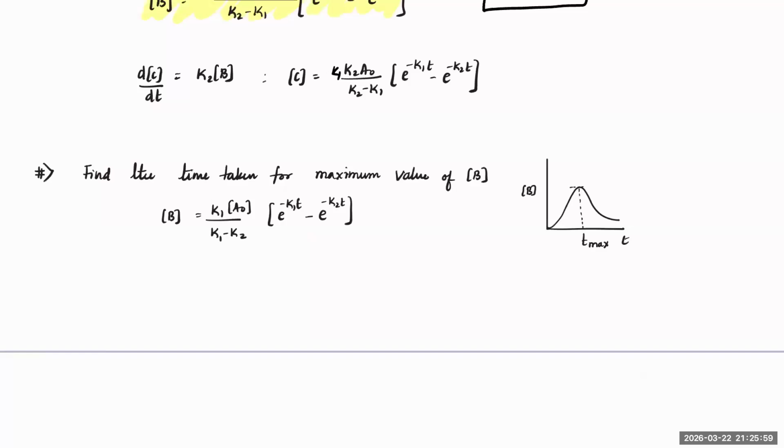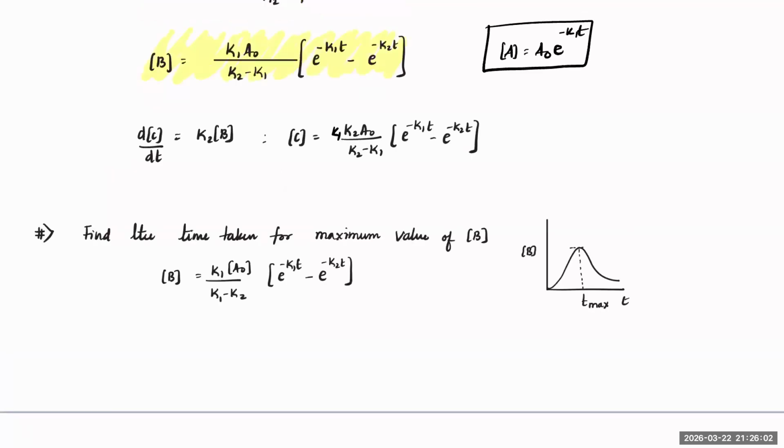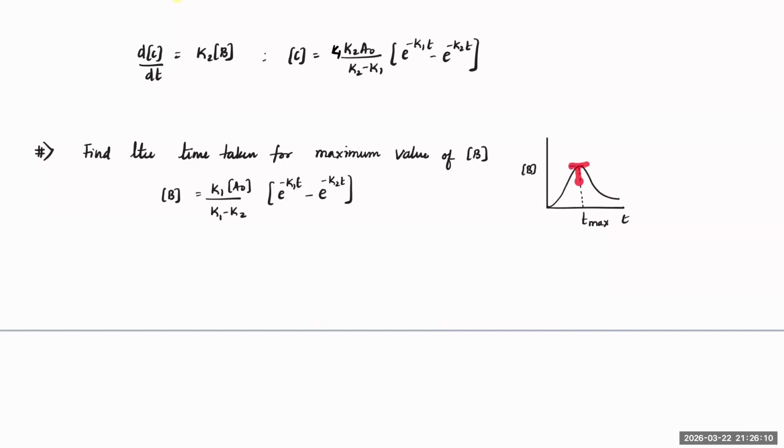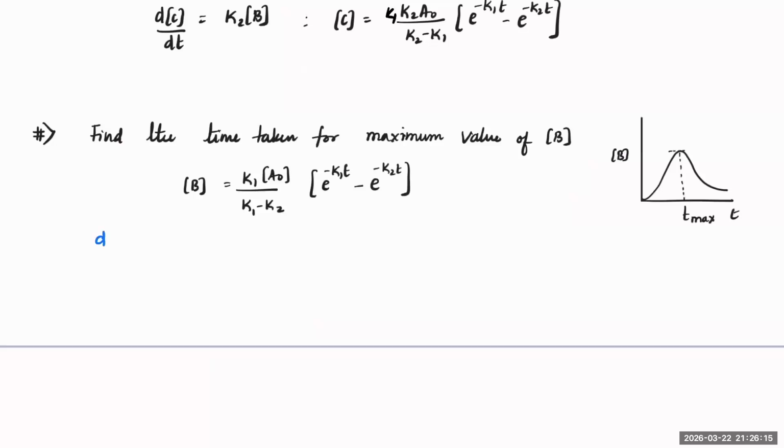We learned this expression of B, which means the concentration of B with respect to T would go like this. At this point you can see there is a maxima. If there is a maxima, we know that dB by dt must be equal to 0. So differentiate this factor. What do I get?